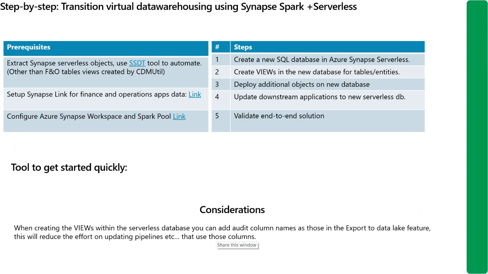Then you will set up the Synapse Link for finance and operations app, and configure Azure Workspace in Synapse Spark Pool. On the database side, you can create a new database in the Azure Synapse Serverless, create the views on this new database, and then deploy additional objects which you have extracted from your previous database.